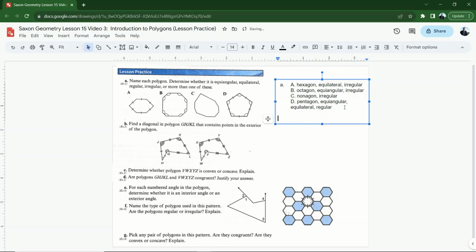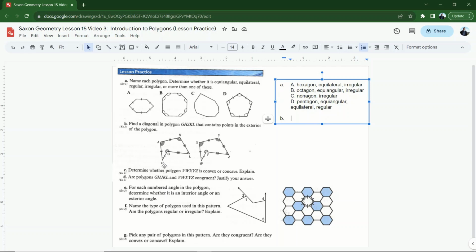Letter B, find a diagonal. Okay, so let's do that. Find a diagonal in polygon GHJKL. Notice that a polygon is named by its vertices in order. Once you start moving in a direction on the polygon, you have to keep going in that direction. So it could be GHJKL, GLKJH, or if I start with H, it would be HJKLG.